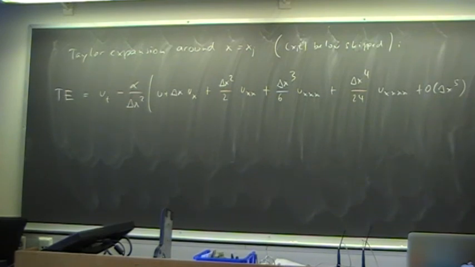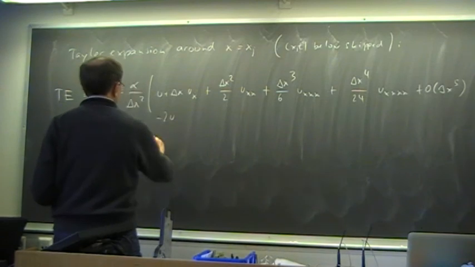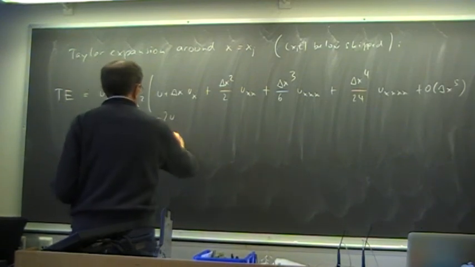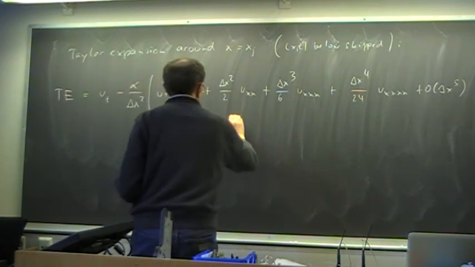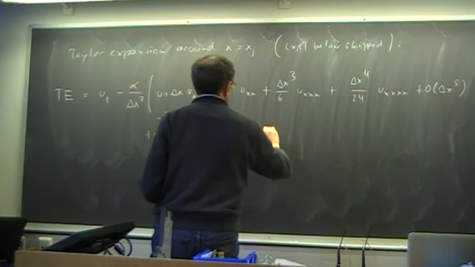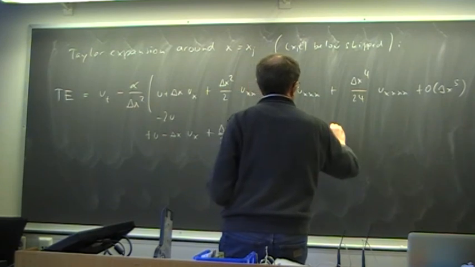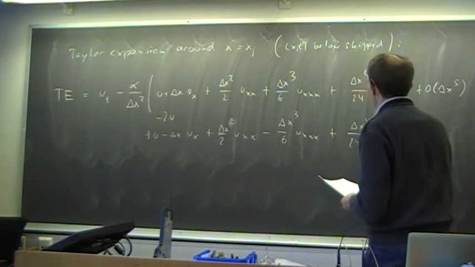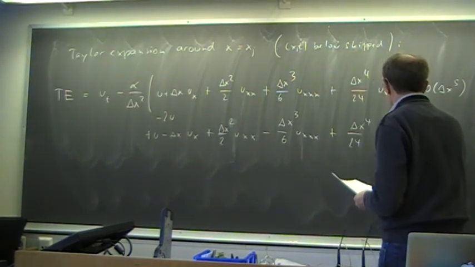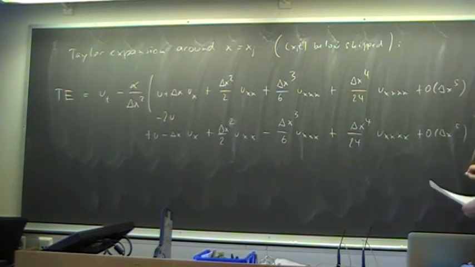Then we have minus 2u, and then plus u of x minus delta x: u minus delta x u_x, plus delta x squared over 2 u_xx, minus delta x to the power 3 over 6 u_xxx, and plus delta x to the power 4 over 24 times the fourth derivative, plus order delta x to the power 5, and the whole bracket.